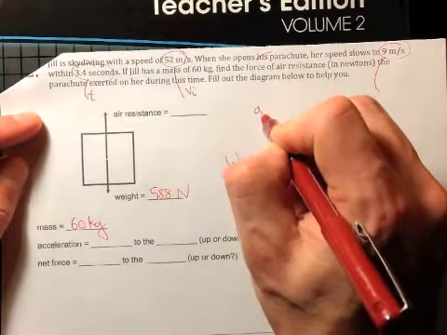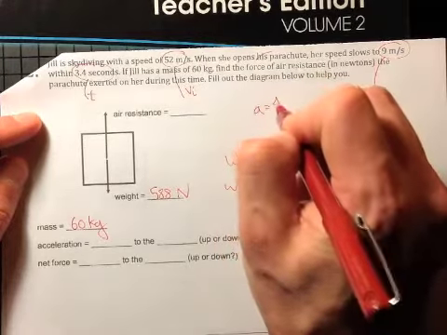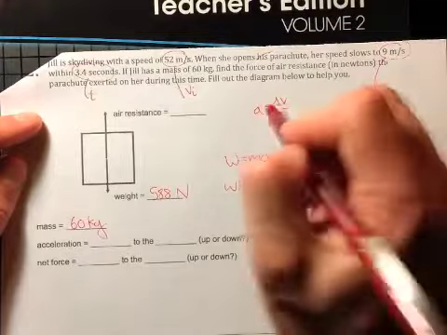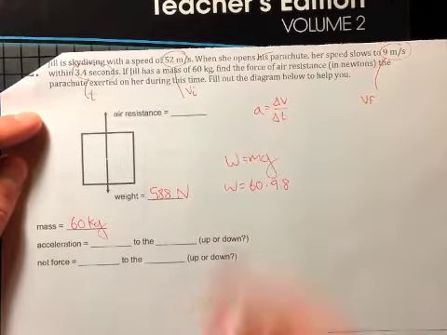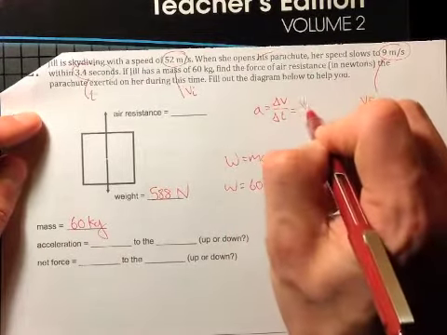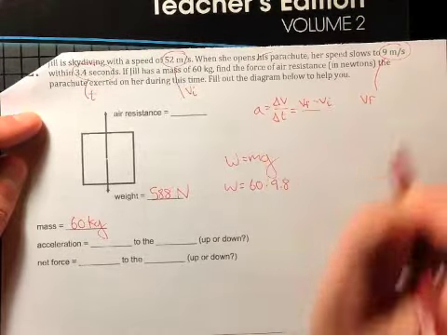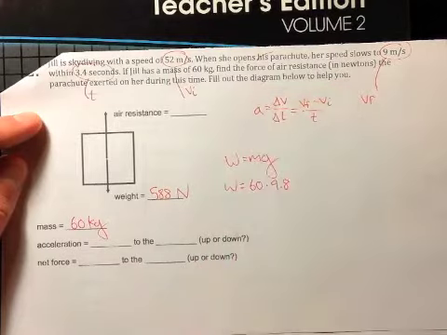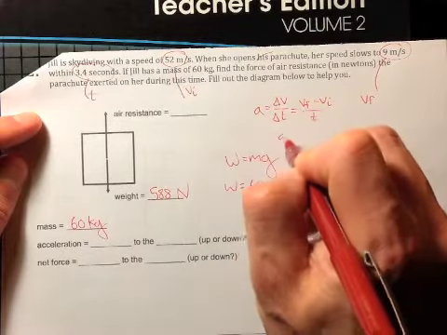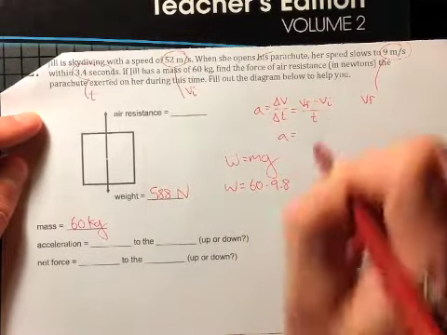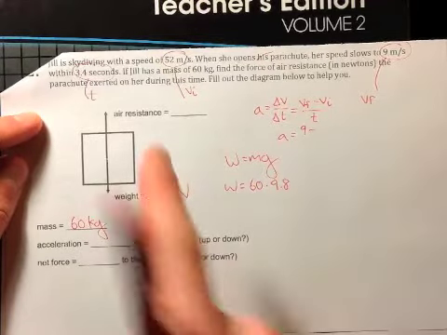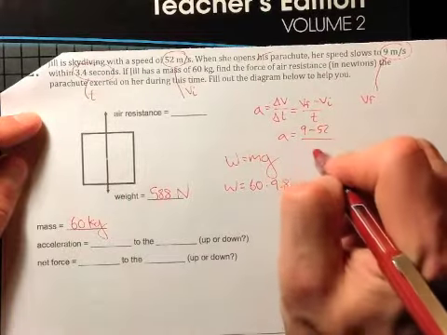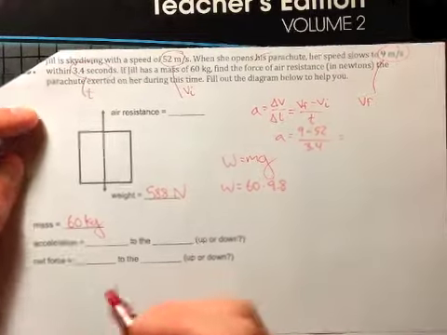Now, remember this formula, I hope. Acceleration equals the change in Jill's velocity over the time interval. So this is her final velocity minus her initial velocity divided by the amount of time it took to change. So if I just plug in the numbers that I have, her final velocity is 9, her initial velocity is 52, and her time is 3.4 seconds.